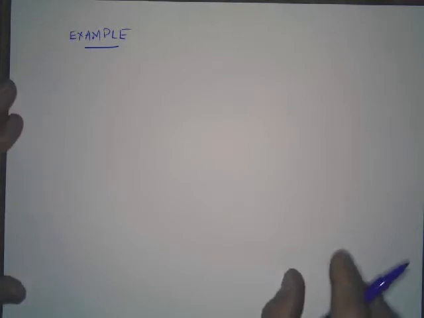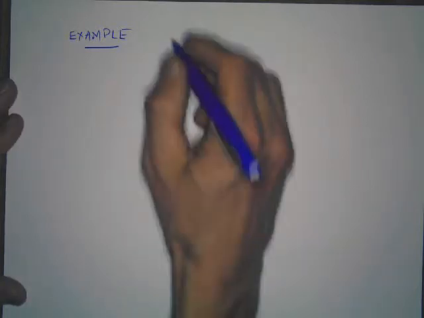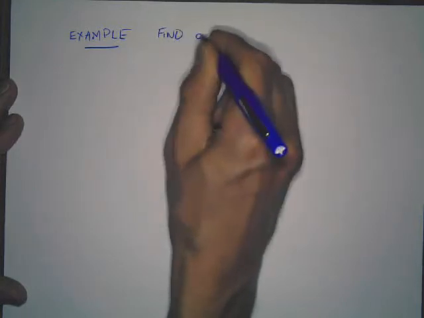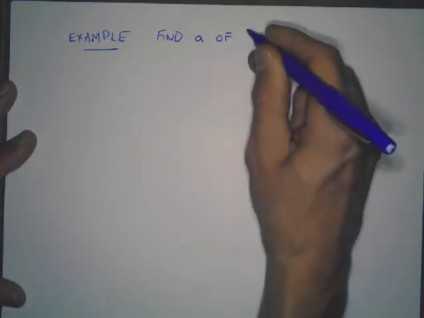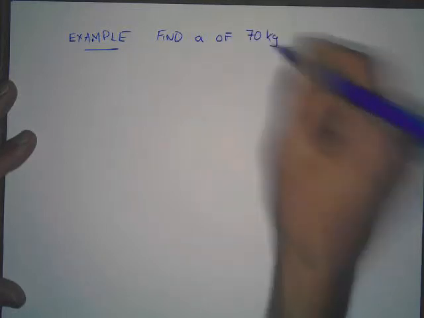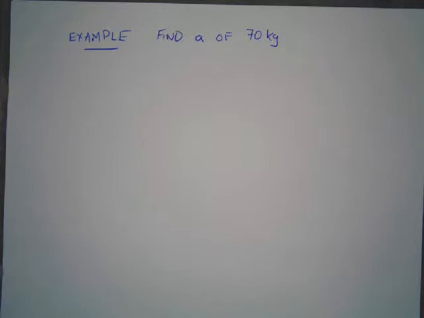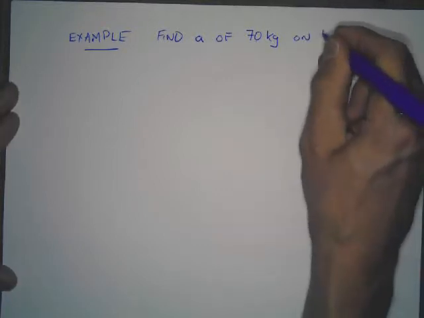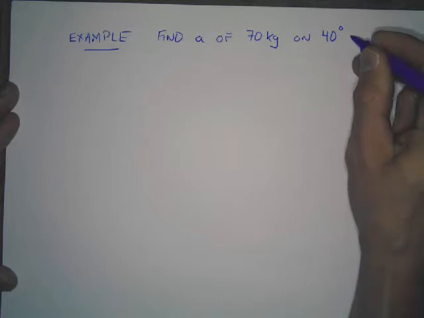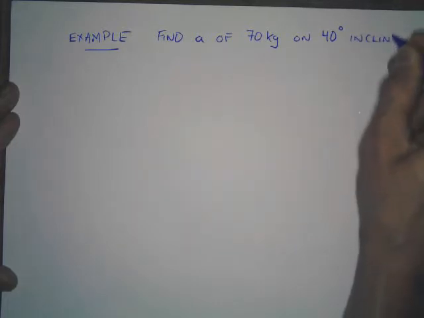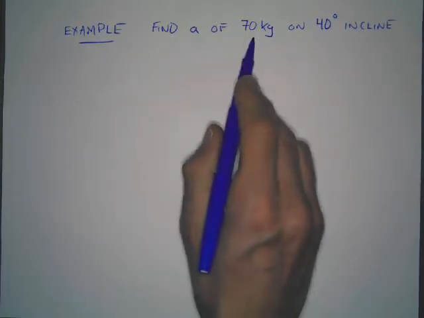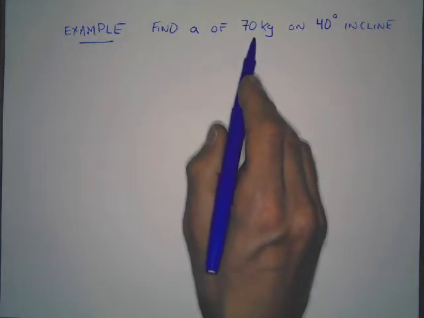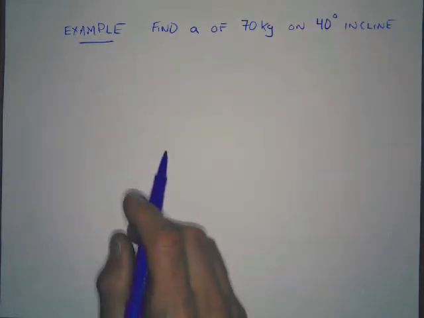The problem might be: find the acceleration of a 70 kilogram skateboarder on a 40-degree incline.